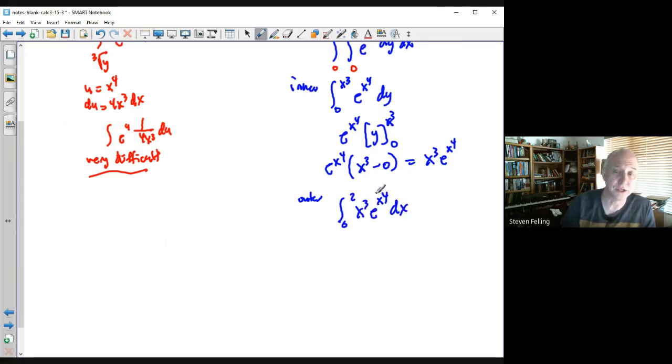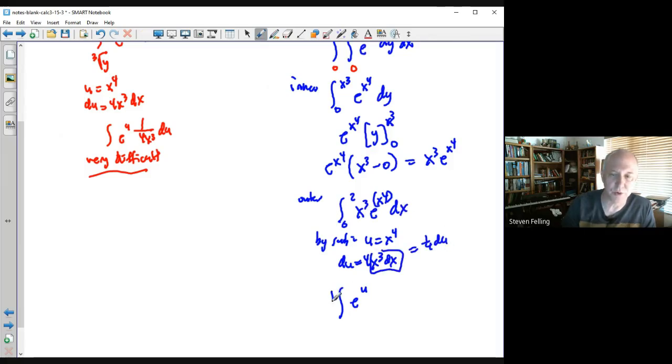Well, now actually integration by substitution is going to work because I can see that when I take the derivative of this and get 4x cubed, the x cubed part's over there. So if I do a u sub where u is x to the fourth, then du is going to be 4x cubed dx. And then if I substitute here, I'm going to have e to the u, right? And then this x cubed dx here is going to be equal to 1/4 du.